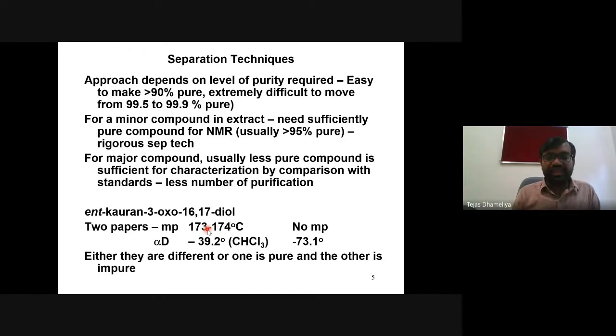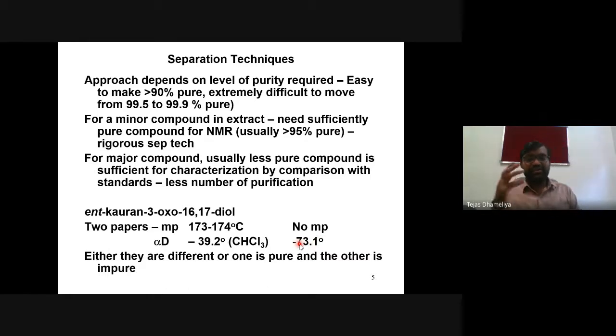In the other paper they have not reported the melting point. And in one paper, they have reported the angle of rotation for the optically active compound, that is 39.2 in chloroform. And in the other paper, they have given minus 73.1.